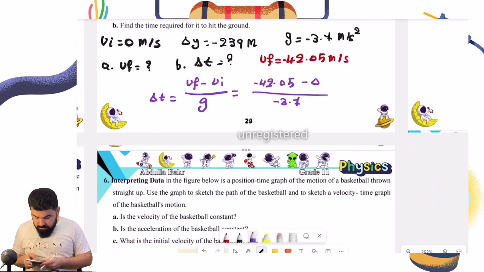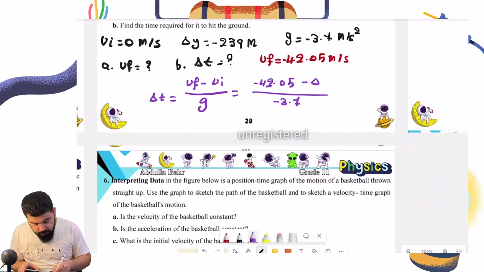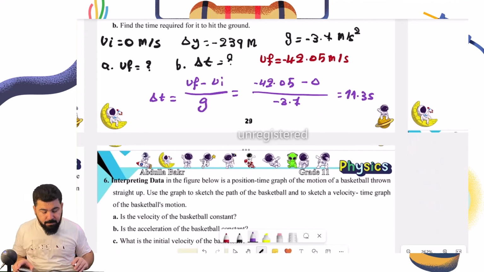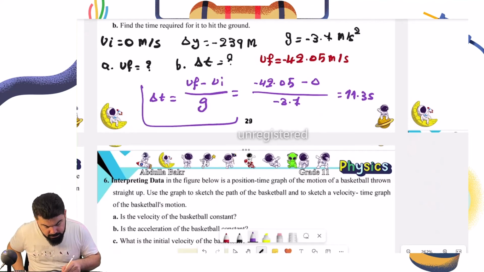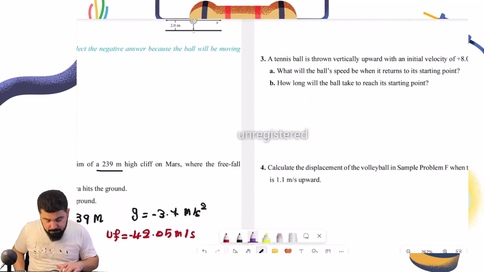The two negatives cancel, so 42.05 divided by 3.7, we have 11.3 seconds. If you don't know where I got this, guys, come on, it's just V final equals V initial plus g delta t. Just move the V initial over, divide by g, and that's it.